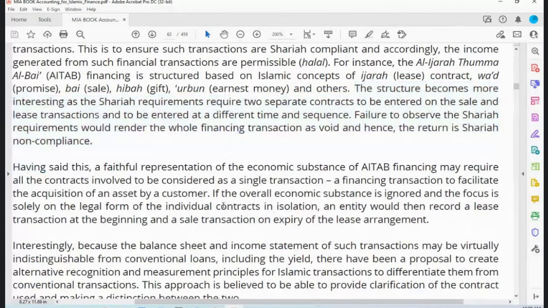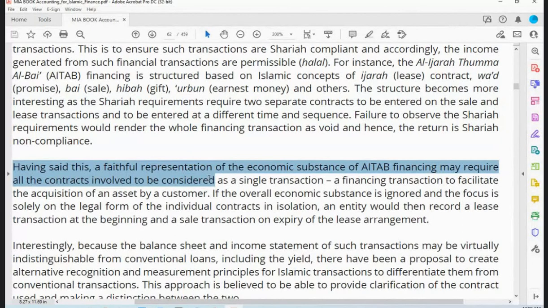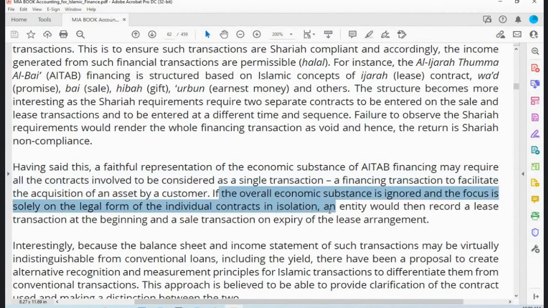Having said this, a faithful representation of the economic substance of ijarah thumma bai' financing may require all contracts involved to be considered as a single transaction, which is financing. If the overall economic substance is ignored and the focus is solely on the legal form of the individual contracts in isolation, an entity would then record a lease transaction at the beginning and a sale transaction on the expiry of the lease arrangement.